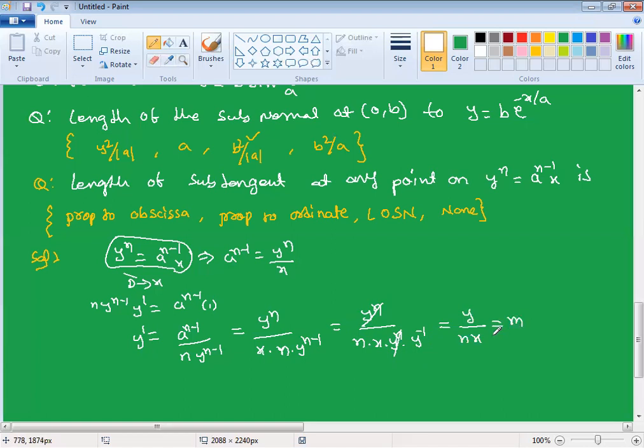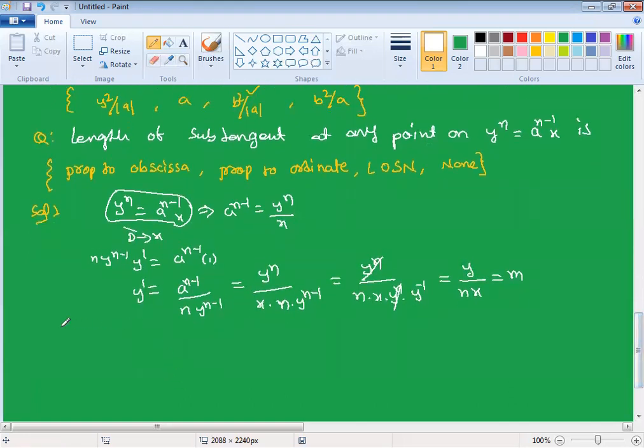He is asking the length of subtangent. What is the length of subtangent formula? Mod y by m, which is equal to mod y by nx, since m is this only, y by nx.